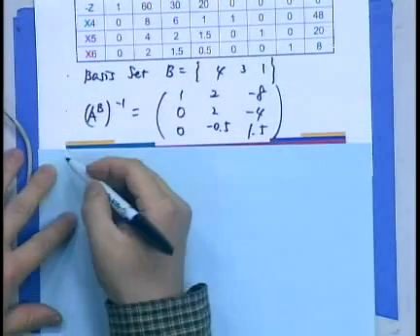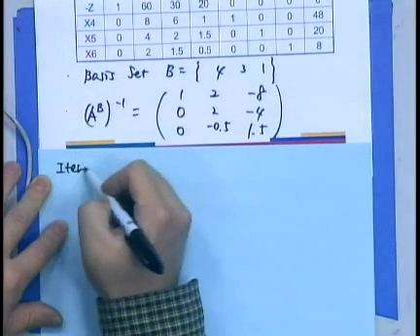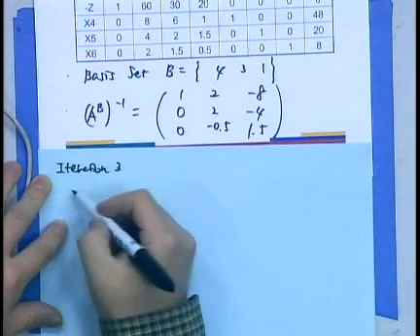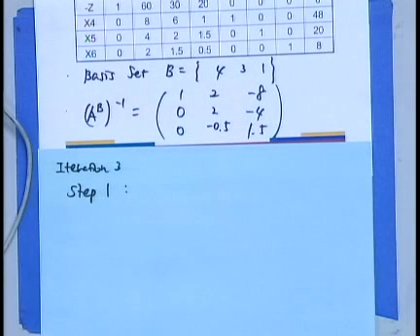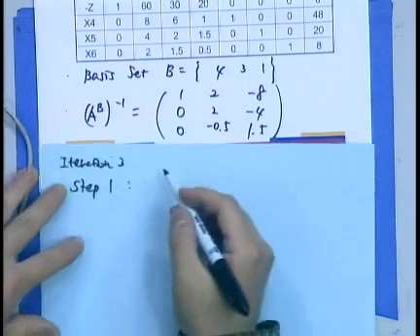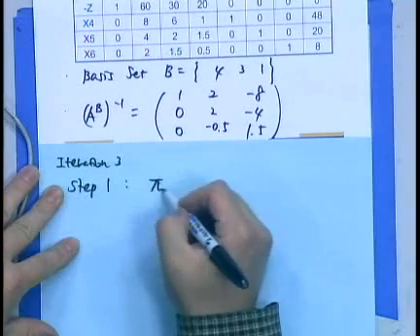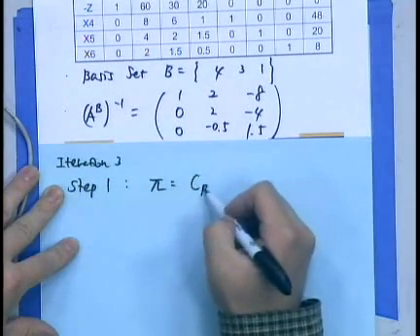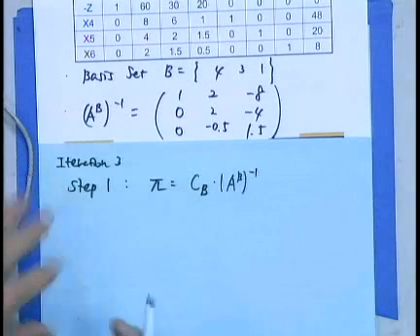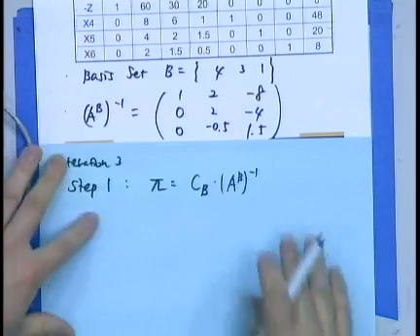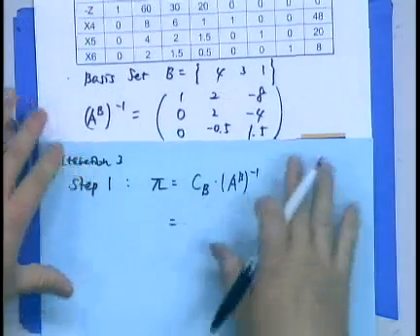Again, the first step is to compute the simplex multiplier vector pi, right? Which is represented by CB times the basis inverse matrix, right? What is the CB?